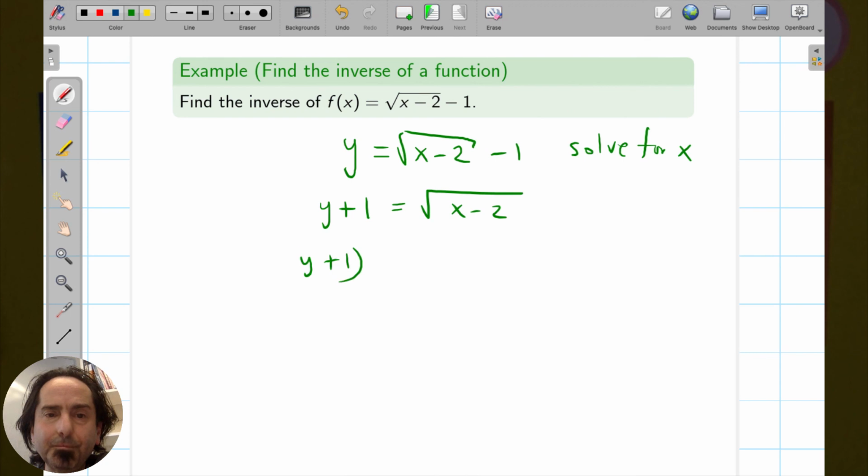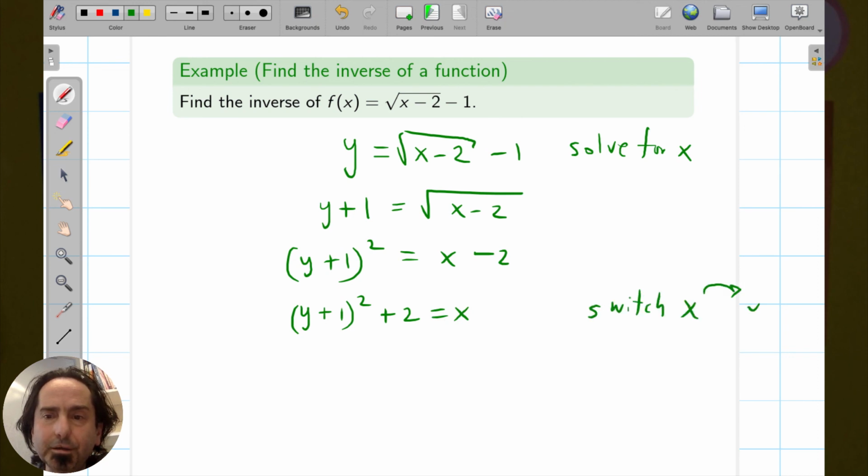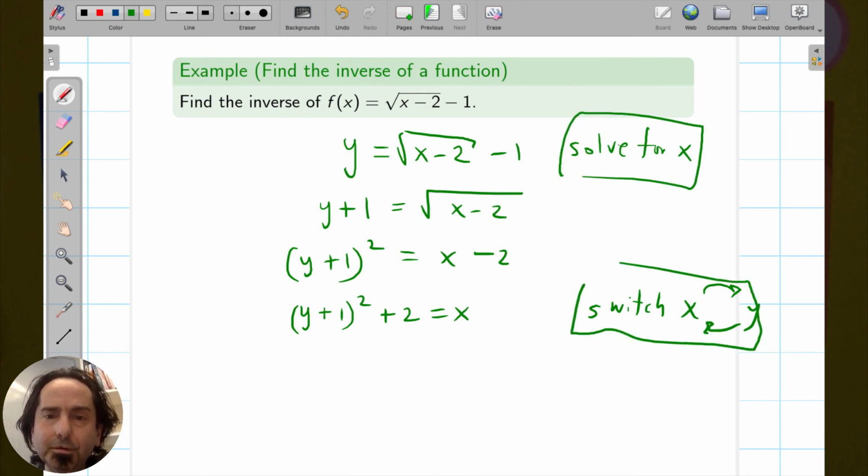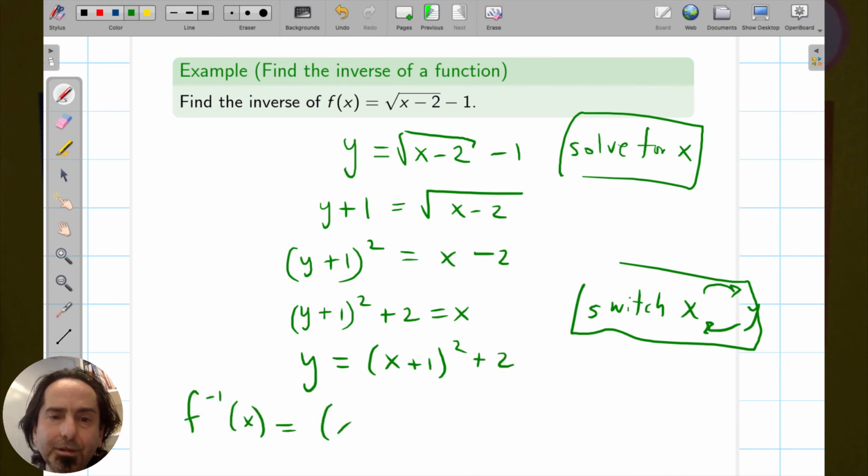So (y plus 1) squared equals x minus 2. And then I'm going to add 2 to both sides. So that equals x. And now I'm going to switch x and y. You can actually do these steps in either order. But we're going to end up with y equals (x plus 1) squared plus 2. So f inverse of x is (x plus 1) squared plus 2.